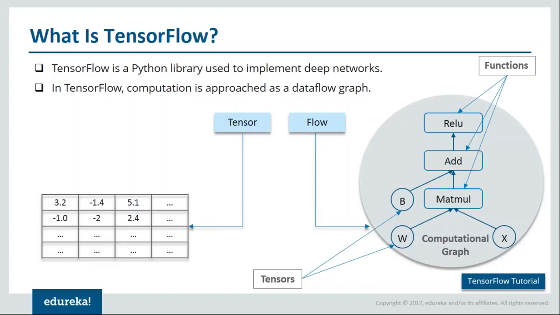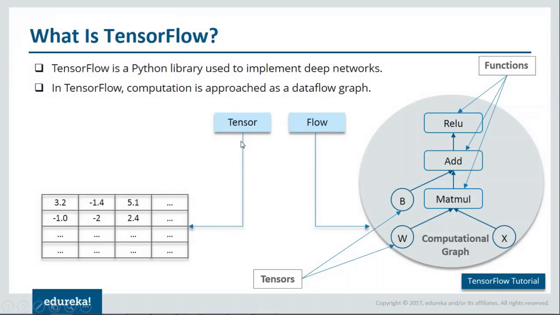Now, don't worry guys, in the next slide, I'll explain what exactly a session is. This description of the model is what is known as your computation graph in TensorFlow. And remember guys, only tensors may be passed between the nodes in a computation graph. Now if you notice, TensorFlow is nothing but the combination of two words, tensor, which we saw in the previous slide, and flow, which is nothing but the tensors flowing through a computation graph.